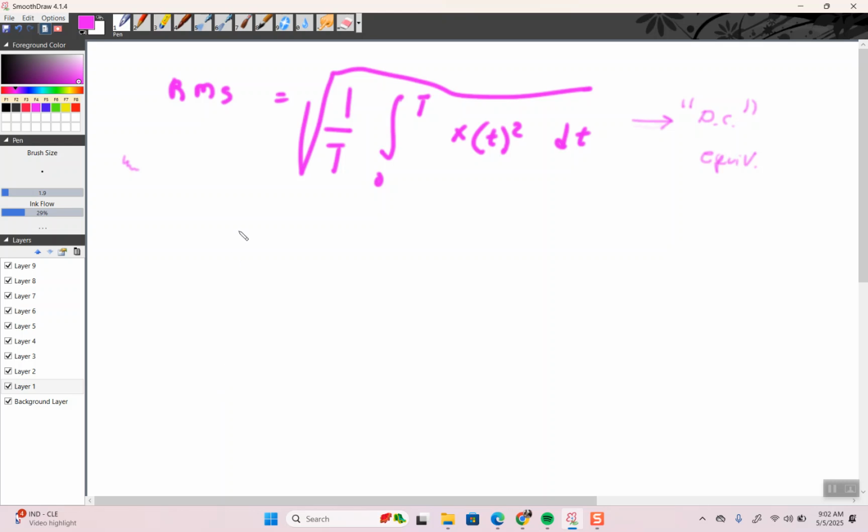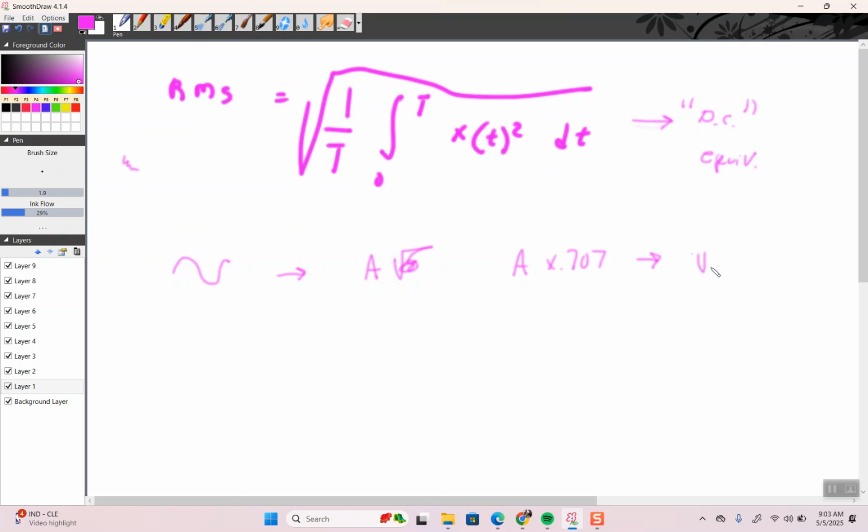So that if I have a sine wave and I take the amplitude times 0.707, I'm going to get a voltage or current that I can use in my power equation.